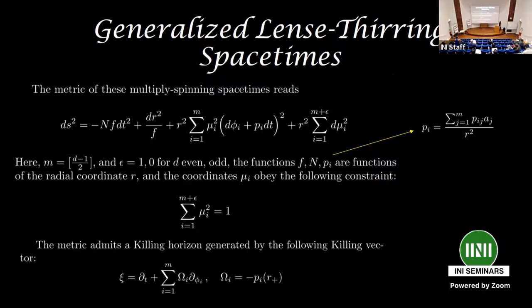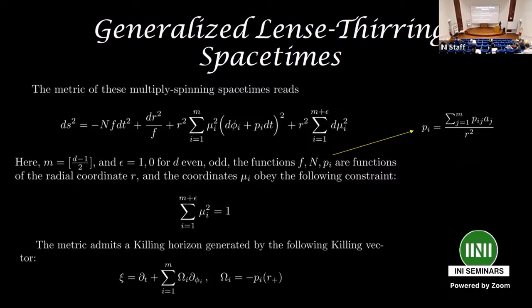This is important to point out because this is the thing that all of the spacetimes, the large class of spacetimes that we've discussed so far, have in common. All of them have this Killing vector that generates the horizon in the sense of Wald.